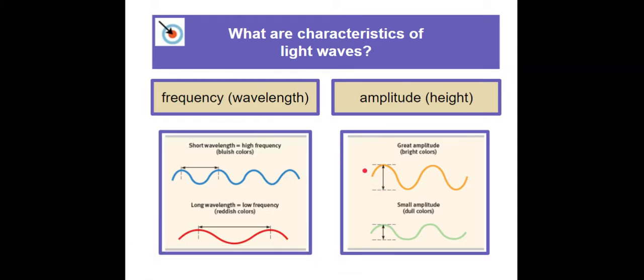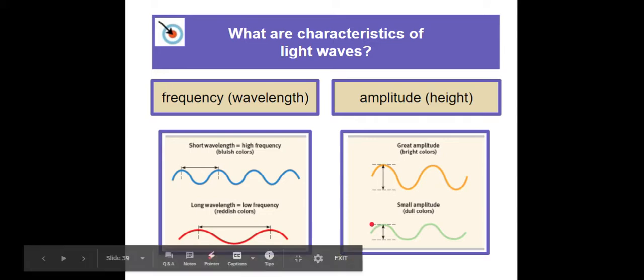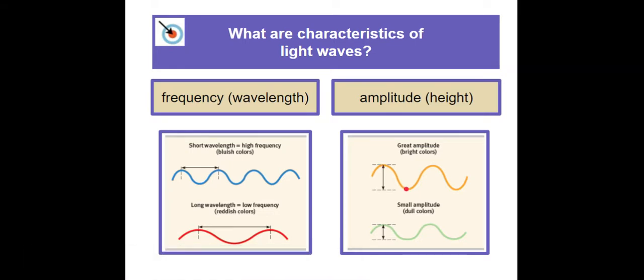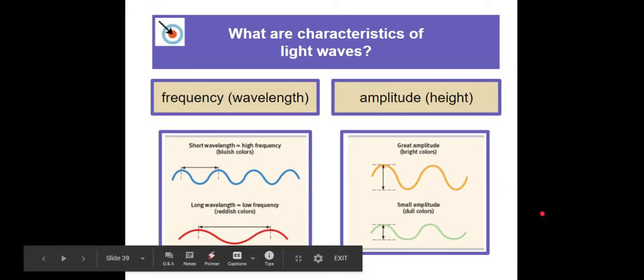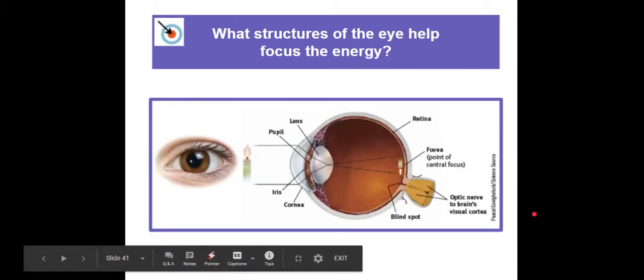Yellow has a very strong amplitude. Green, on the other hand, has a very dull or very small amplitude, a very low wave height. Wave height is measured from the top of the crest to the bottom of the trough. Pretty easy stuff.